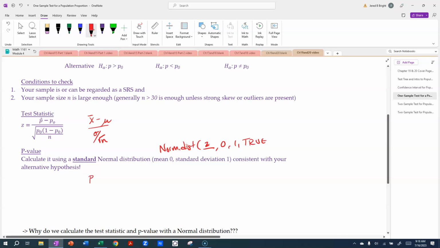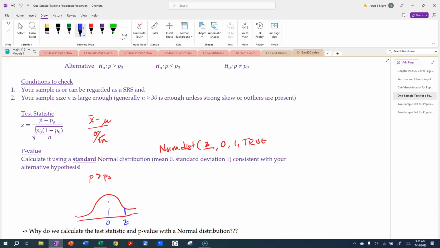in the case where we have p bigger than p0 for our alternative, whenever we get our normal distribution, right? We'd have mean 0 here. Maybe this is our z test statistic. When we do this, we would have to go to the right. So in this case, we'd do 1 minus norm.dist. Okay.